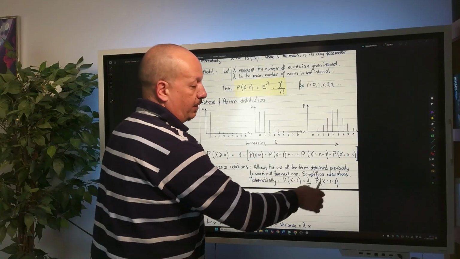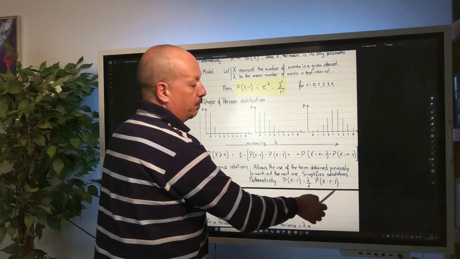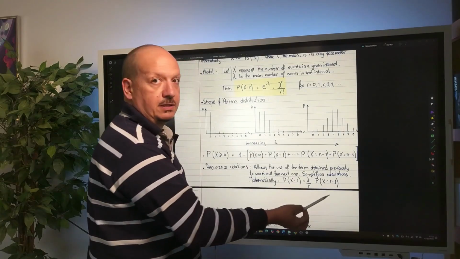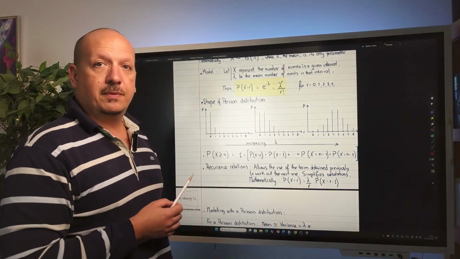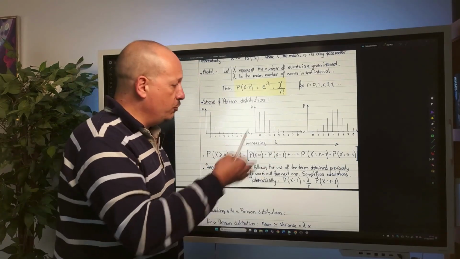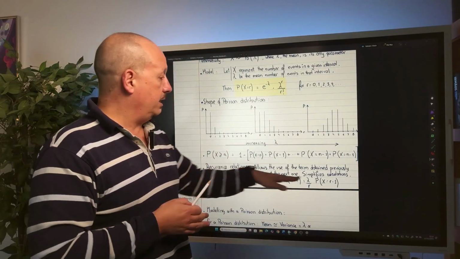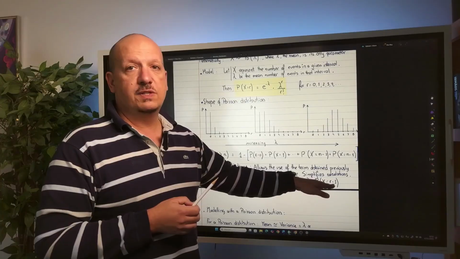This value you already have, so you just have to multiply the previous probability that you calculated by lambda over r. Make sense? And you can do this recurrently until the probability that x equals 0.